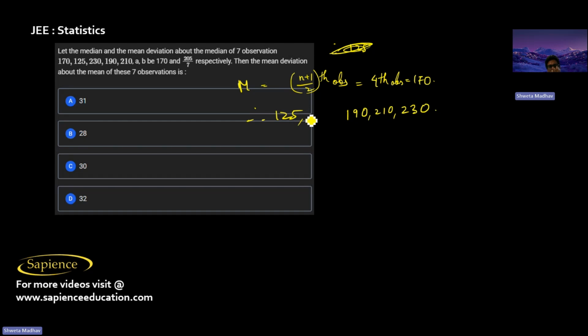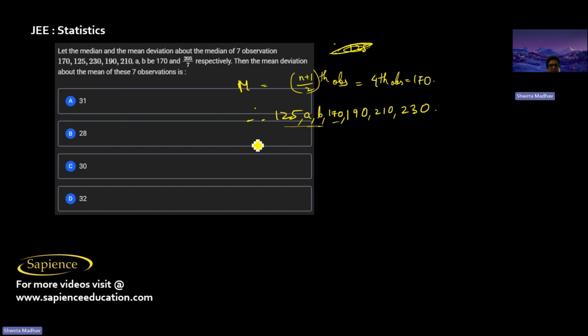The first 3 should be 125, A, B, and then 170. So hence we can say 170 is the median.